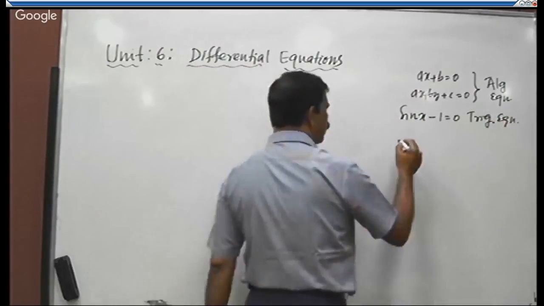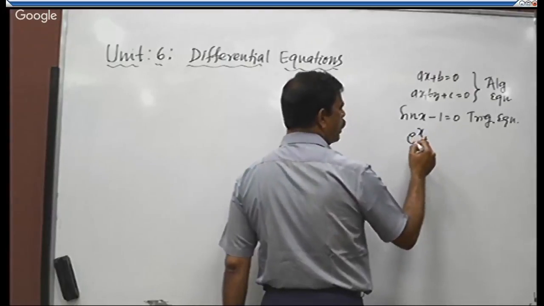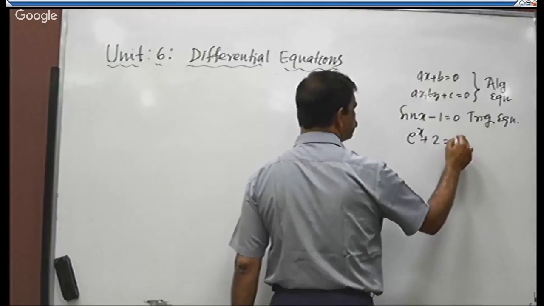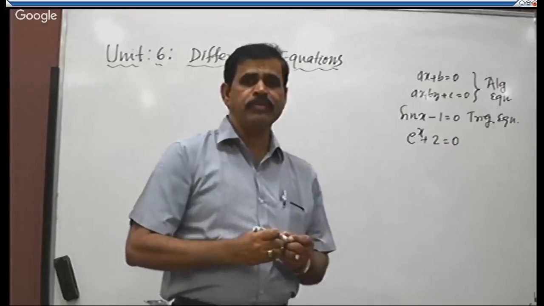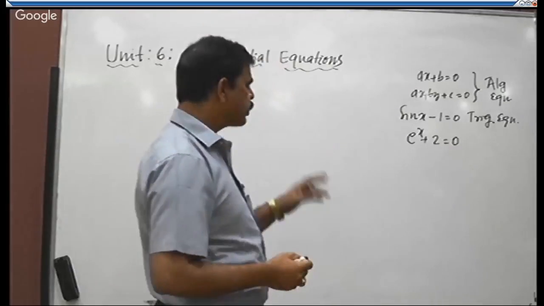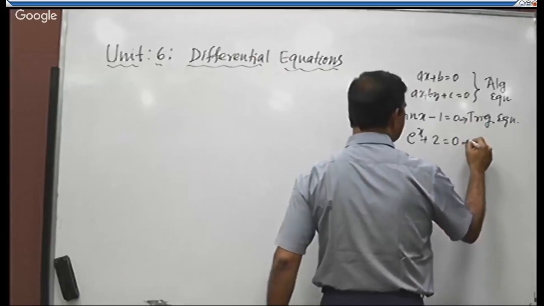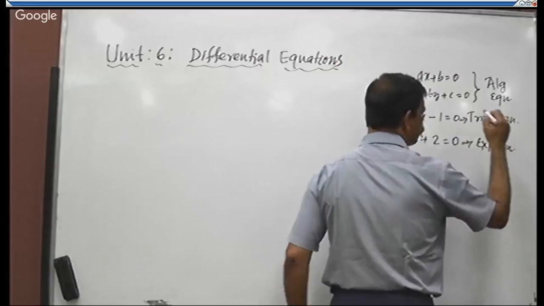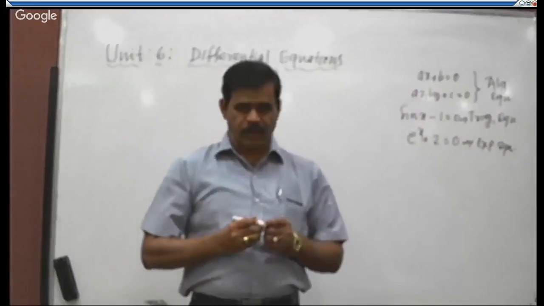Suppose it is in this form, a e to the power of x plus 2 is equal to 0. So this equation consists of what? Exponential terms, right? So it will be called an exponential equation. So this is the meaning of an equation, and these are the different types.